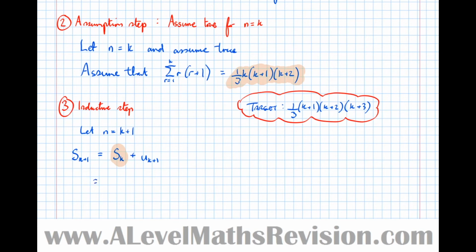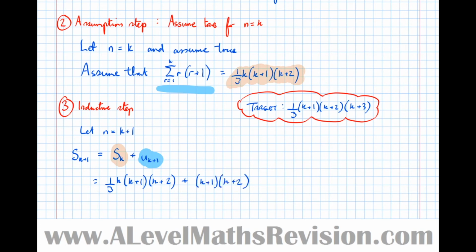So that's equal to a third k, k plus 1, k plus 2, plus the k plus 1th term. Looking at this expression here, we can see that the kth term is k plus 1. So the k plus 1th term is just that with k plus 1 subbed in, k plus 1, k plus 2.